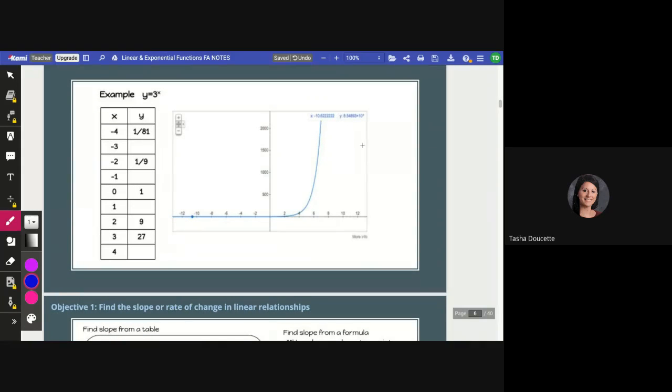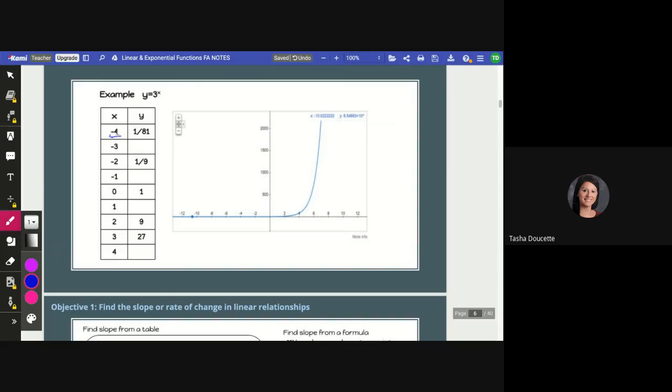Here's another example. We have y equals 3 to an exponent of x. So what that means is I take all my x values and then I plug them into my equation. And one thing you need to remember when we're talking about exponents that have a negative value is to remember your exponent rules of putting negative exponents in the denominator to make them positive.